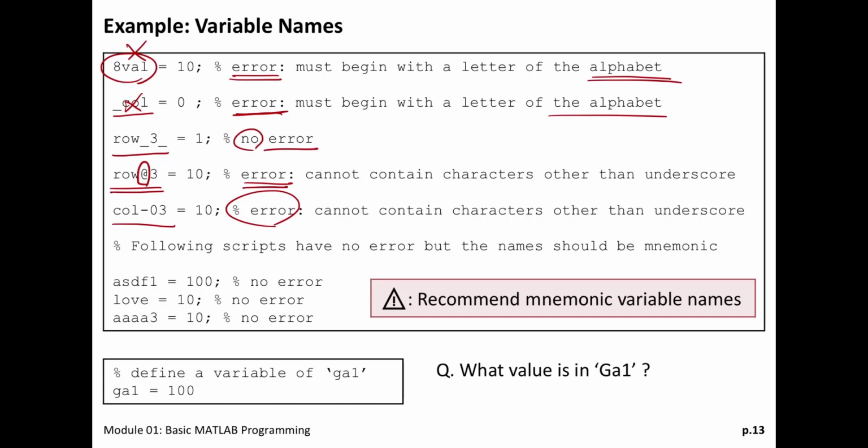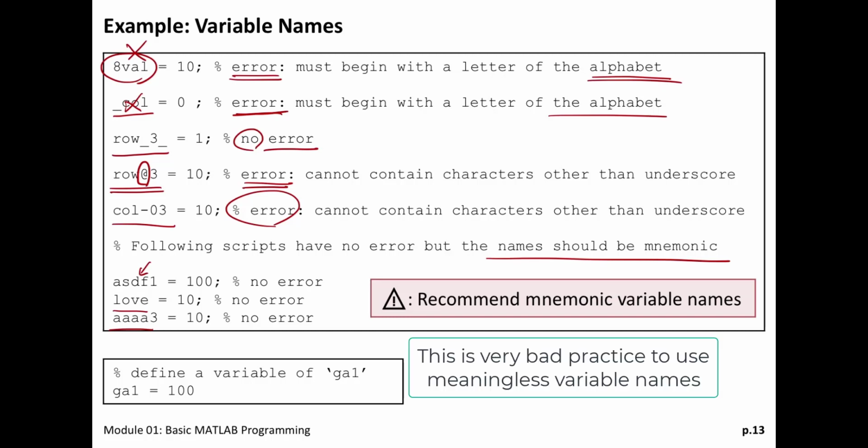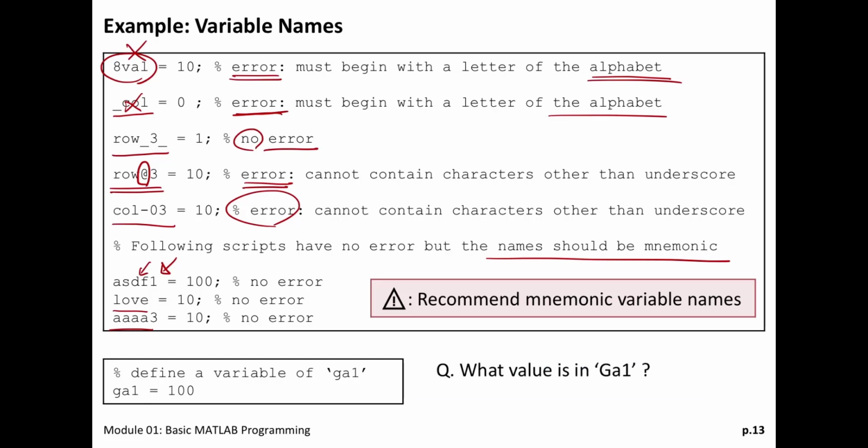So following variable names do not produce errors, but the name should be the mnemonic. Okay. Select this one. And the love AAAA3. I saw this kind of variable name so many times. Okay. Don't use meaningless variable names.